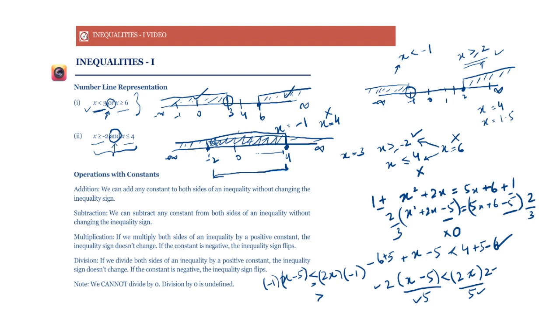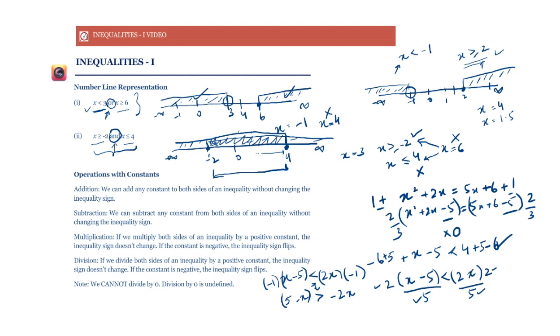When I multiply both sides by a negative number, this becomes 5 minus x, because -1 multiplied by x gives you -x, and -1 by -5 gives you 5. And this becomes -2x. So the inequality sign flips when we multiply by a negative number.